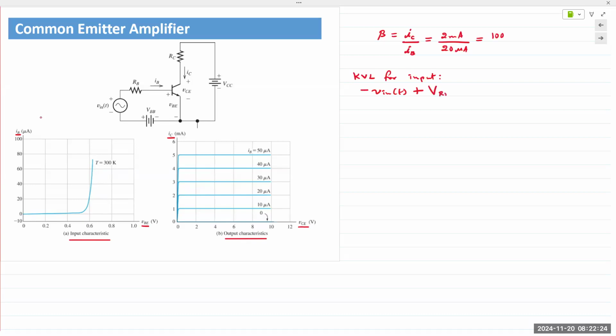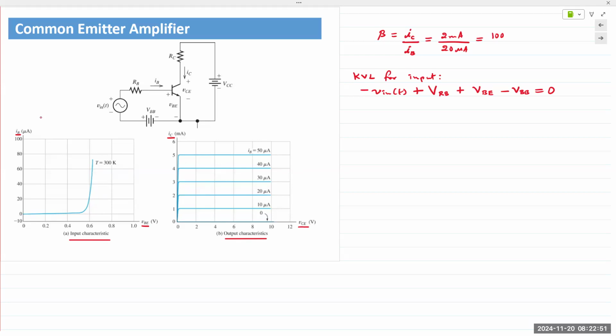That would be the DC voltage drop, plus VBE, again, the DC base emitter voltage, and minus VBB equal to 0. All voltages should sum up to 0. Now we'll rearrange the terms.